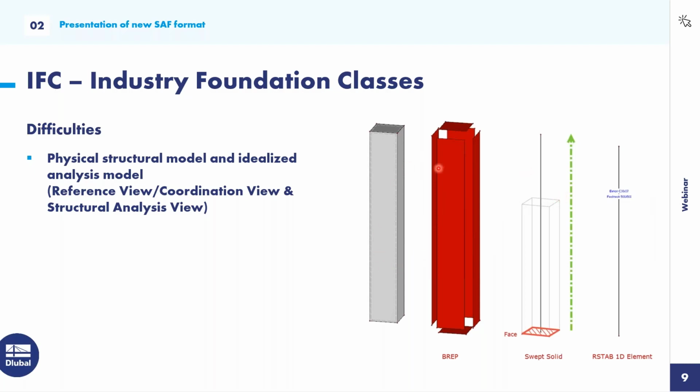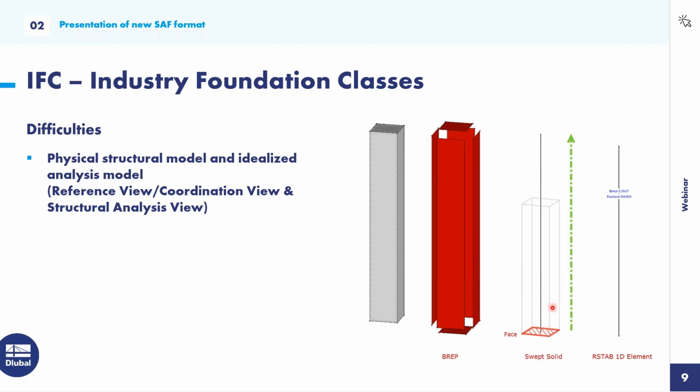So, for example, in this case, vice versa, from CAD programs to structural analysis programs. CAD programs usually display the structural elements as solids. So you see here the surfaces, and then we also have two different representation forms. On the left side, you see the BREP, the boundary representation, and on the right side, the swept solid as a drawn body.